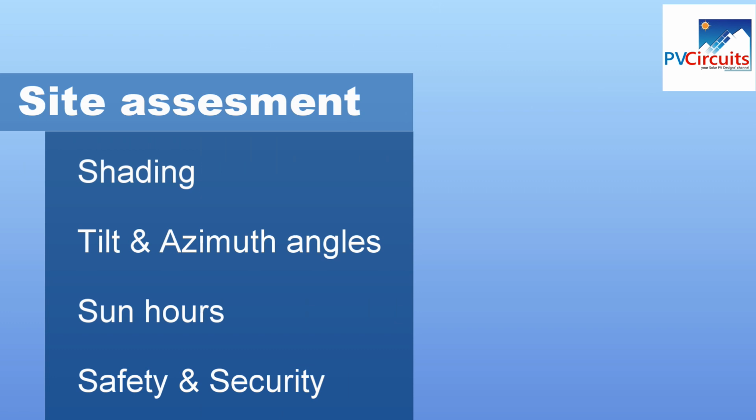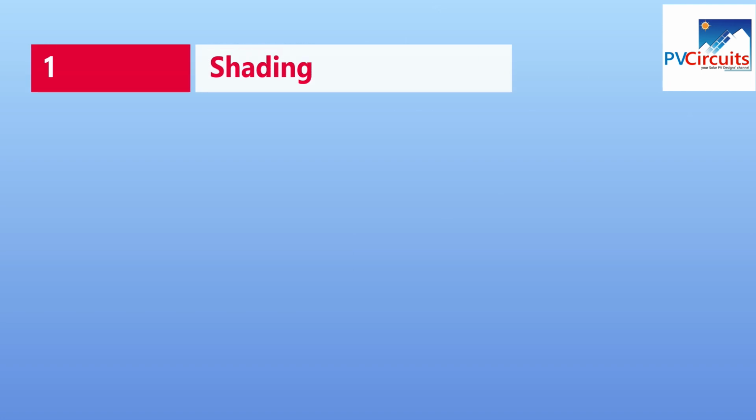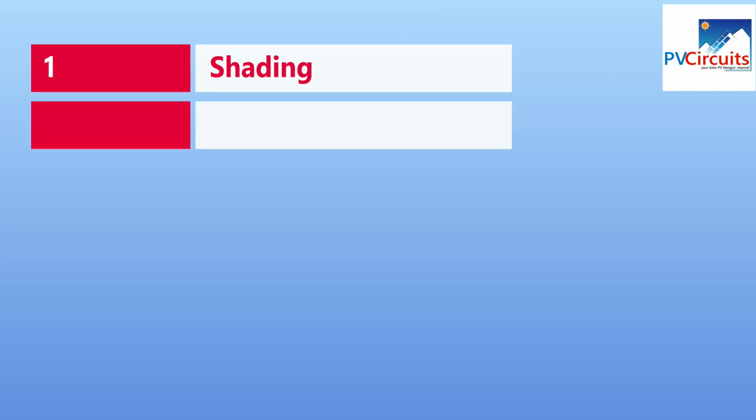Before undertaking a PV project of any kind, it is important to conduct an assessment so as to get information on the following 3 or 4 important issues. We have the shading, which will affect the PV production if there's shade falling onto the modules. We have the tilt angle as well as the azimuth.